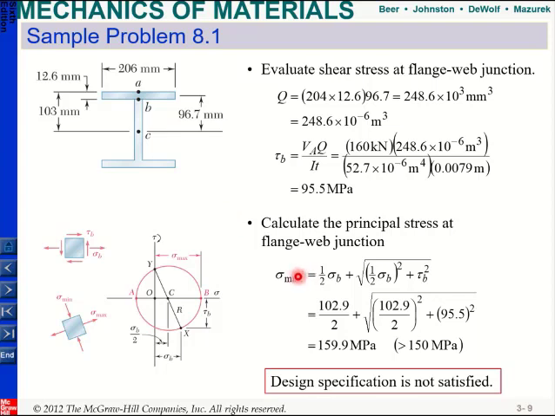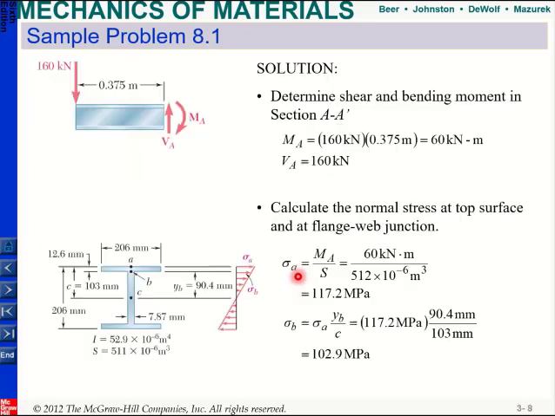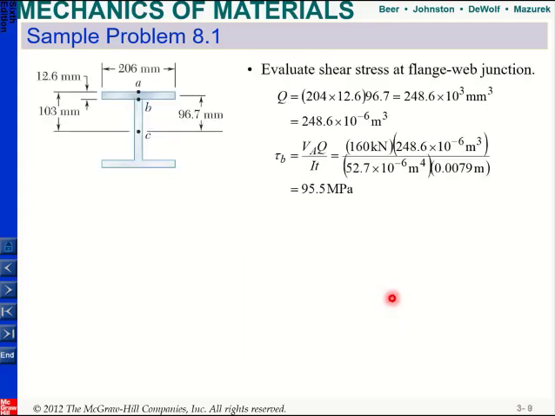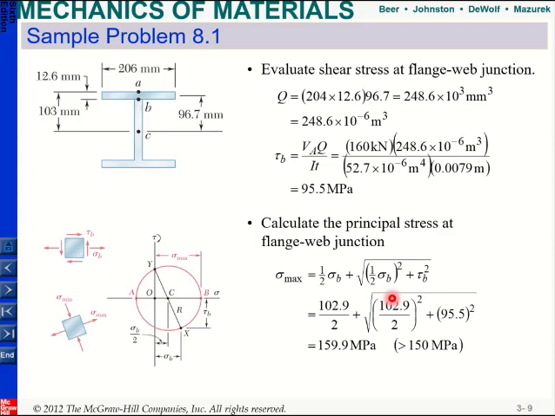Okay, and just for comparison, at point A, your maximum normal stress due to bending was 117.2 megapascal, but at point B, my maximum stress is about 160 megapascal. So if you load it, at point B your stress will be more than 150 megapascal, more than your allowable stress.